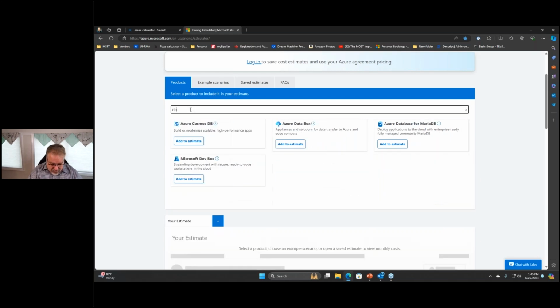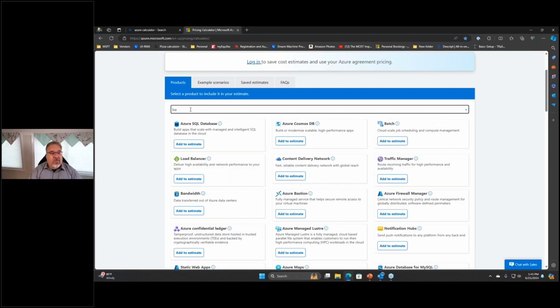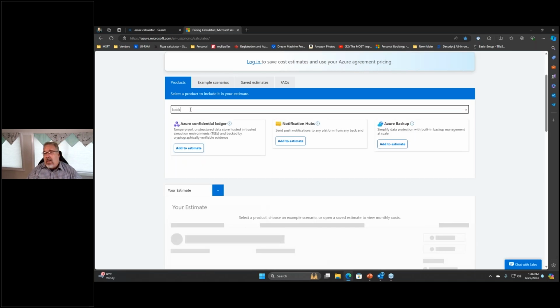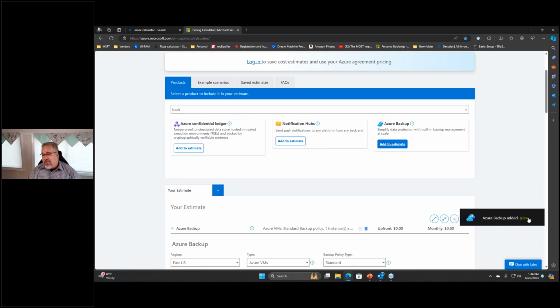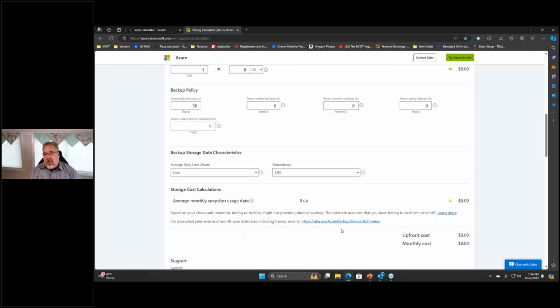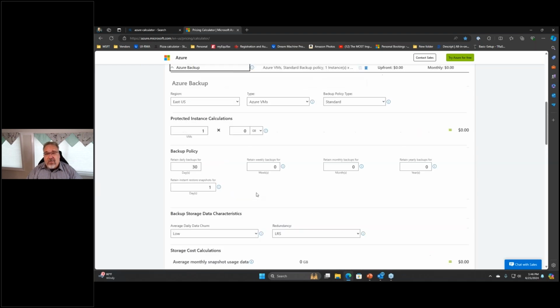If you need to do backup, all you have to do is type backup, and then you'll see Azure Backup, and you can add it to the estimate. It needs to understand how many machines, what's the total storage, what's the retention policy, and your data churn. And then it'll give you a cost on the other side.